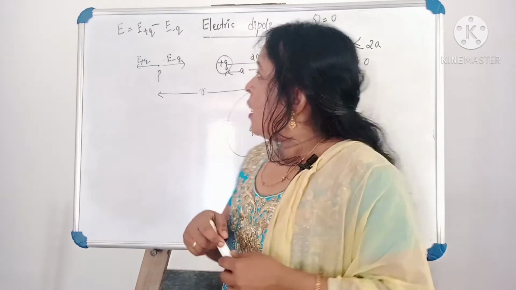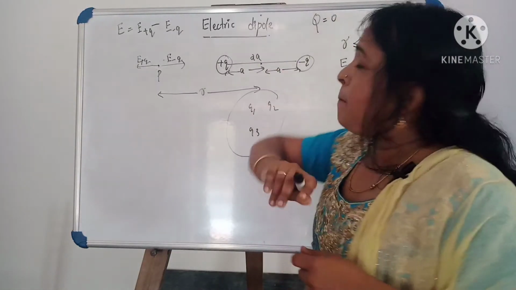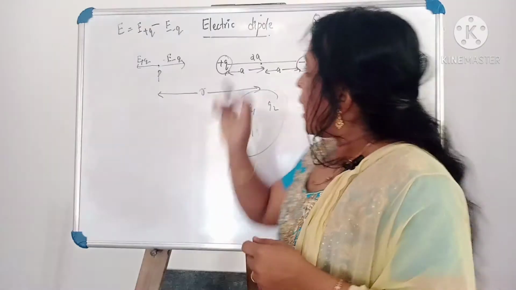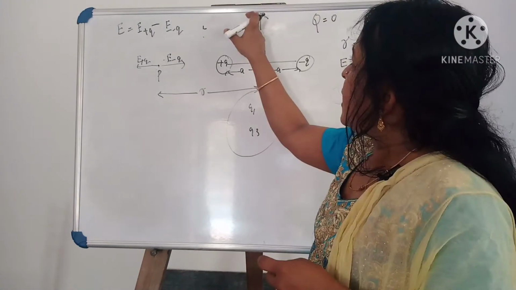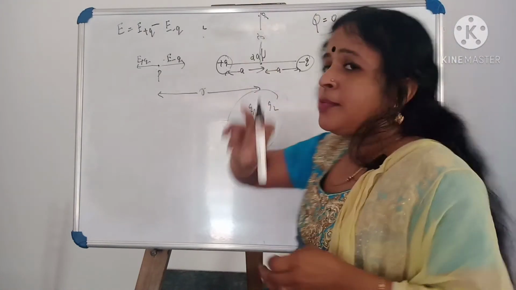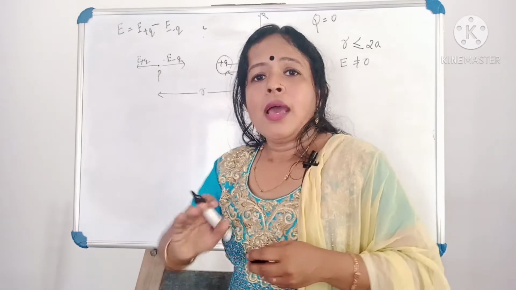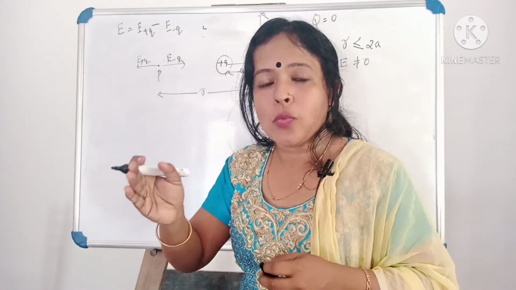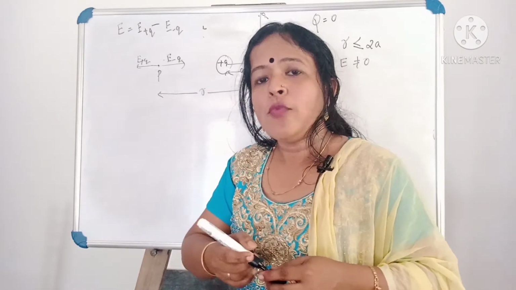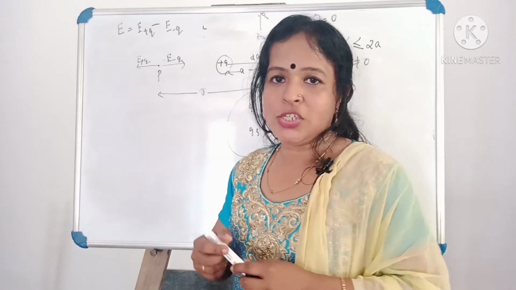And if we consider another point on the equatorial plane at a distance r from the center of the dipole, the electric field at that point is the combination of E plus Q and E minus Q. In that case, we use the parallelogram law of vector addition.